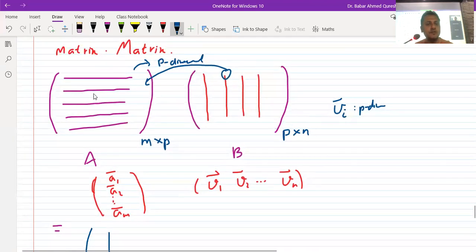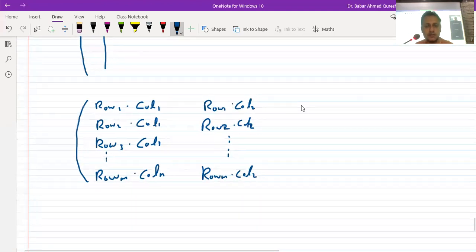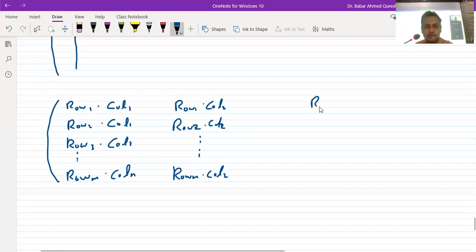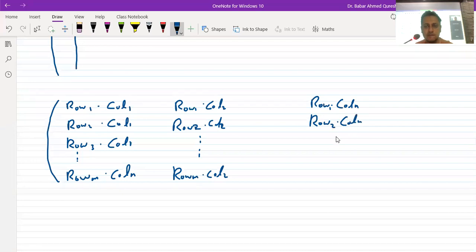Take one column, dot it, because you know how to multiply one column with a matrix, put it as a new column. Take the second column, transform it, put it as a new column, and keep collecting them until you will have how many columns? Because you are doing it to each column of B, as many columns as you had in B. So m dot column n.